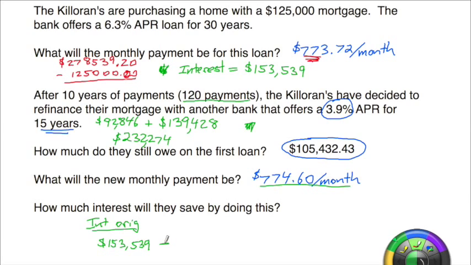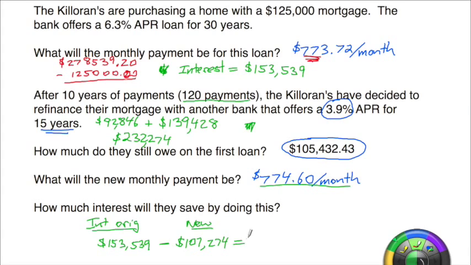We're going to subtract new interest, or after we refinance. Let's see here. So we paid $232,000 out of $125,000. So subtract $125,000, and that says that we only spent $107,274 in interest.